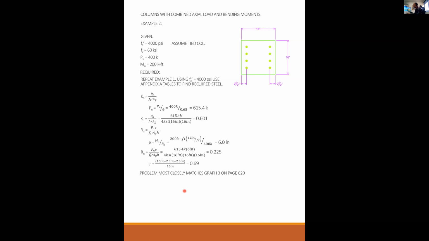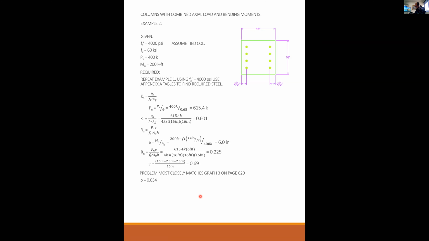So you notice that on page 619, gamma is 0.6. On page 620, gamma is 0.7. So 0.69 is pretty darn close to 0.7, especially for these purposes. So we're going to use graph 3 on page 620.